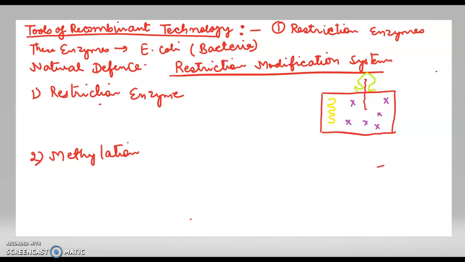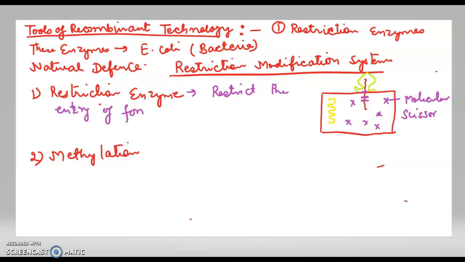Restriction enzymes are also known as molecular scissors because they can digest or cut DNA. What is the specific property? These restriction enzymes recognize some sequences of this foreign DNA and after recognition they cut them. In this way, restriction enzymes restrict the entry of foreign DNA inside the bacterial cell.